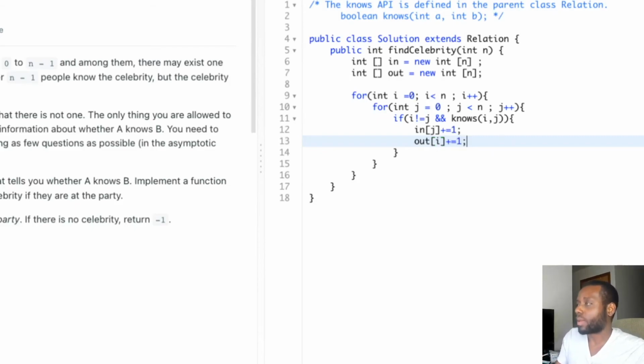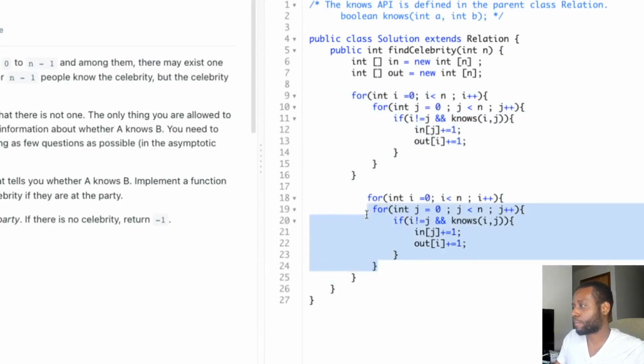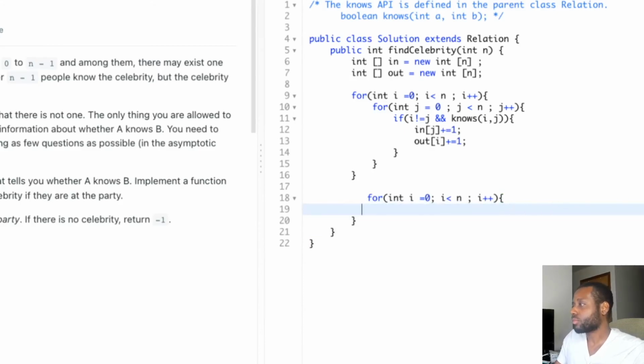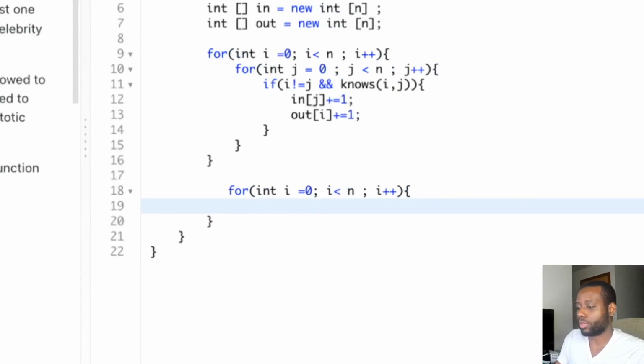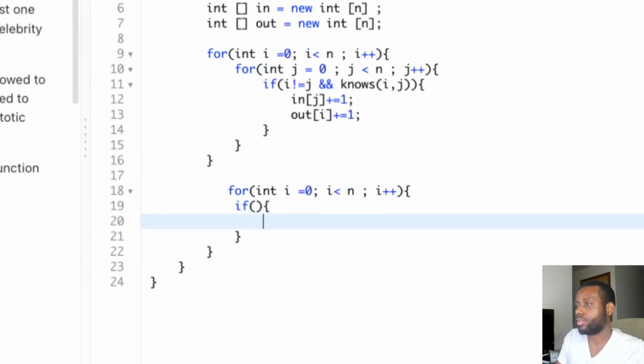Hopefully you're following what I'm saying. It's very important that you understand what I'm doing right there. Now we're going to do a last check.